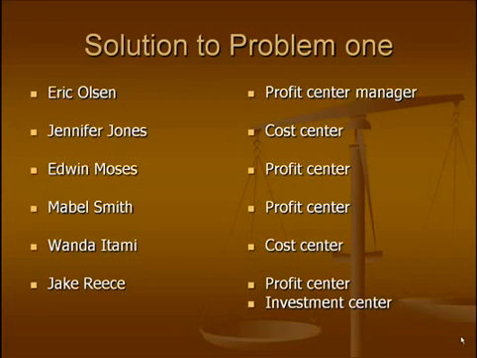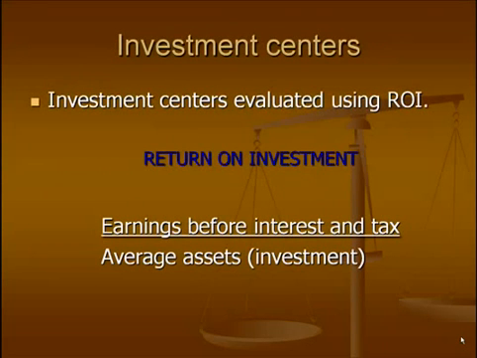Now, let's focus on investment centers. In investment centers, the manager, as I said before, is evaluated on performance using a ratio called return on investment, ROI. The formula is in front of you. It's earnings before interest and tax.